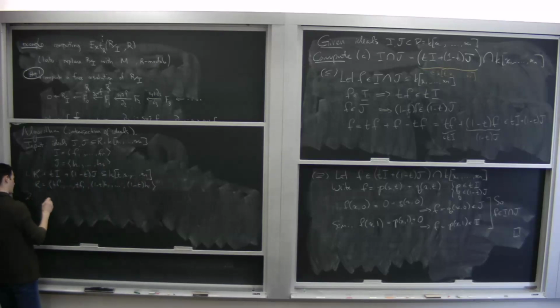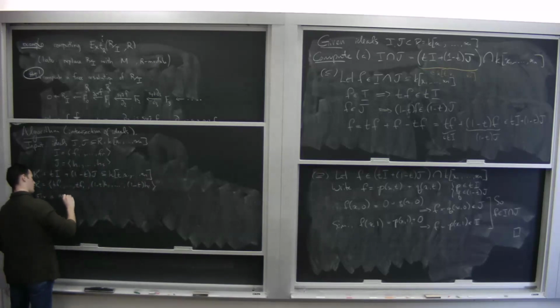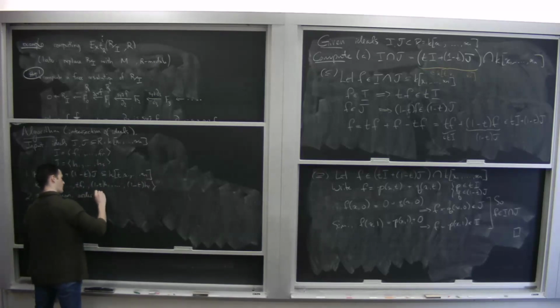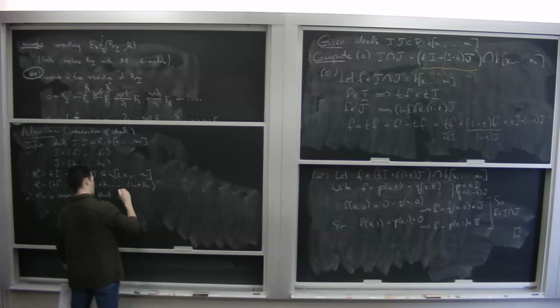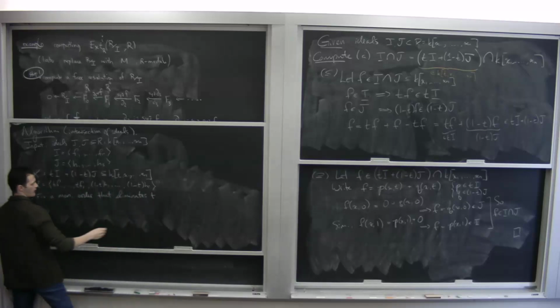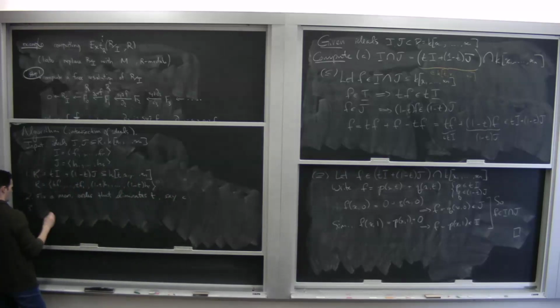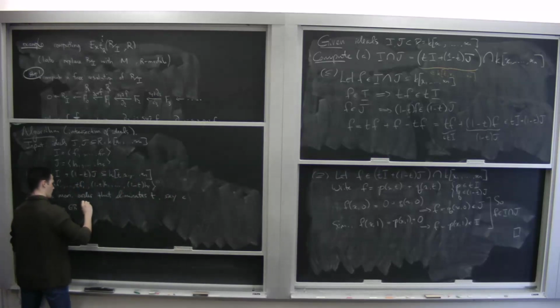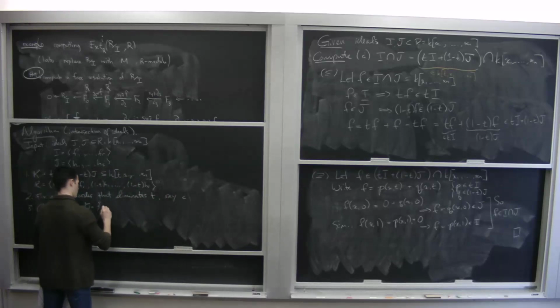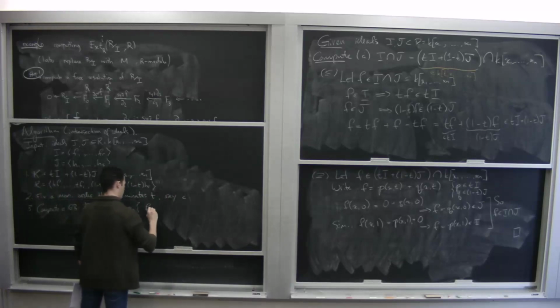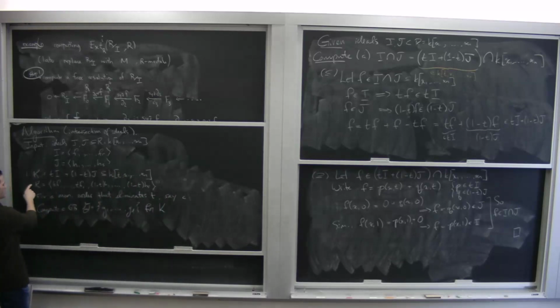Step 2 is to fix a monomial order, say less than, that eliminates t. We'll compute a Gröbner basis G, G1 up to GL, for K, this ideal we defined up here.